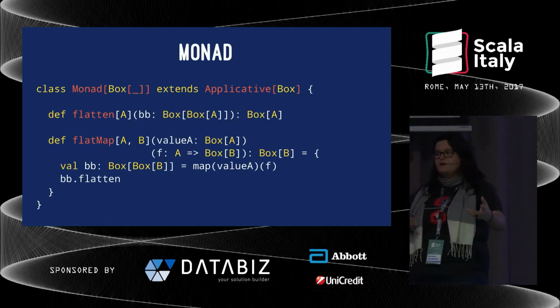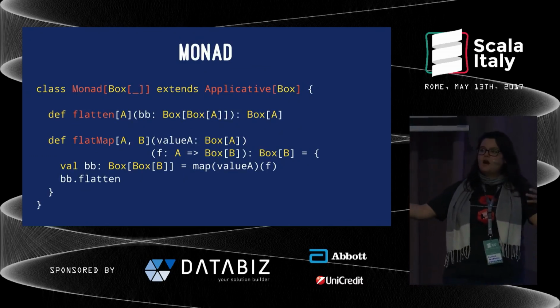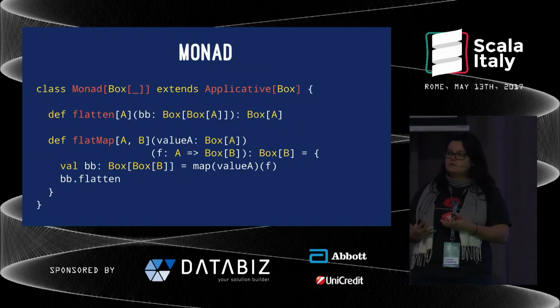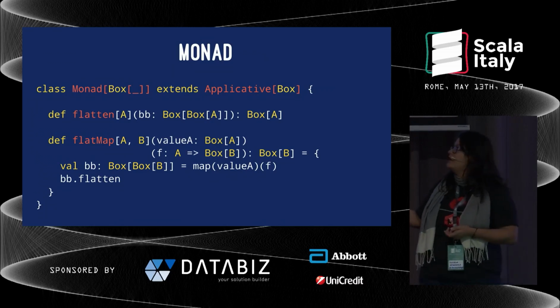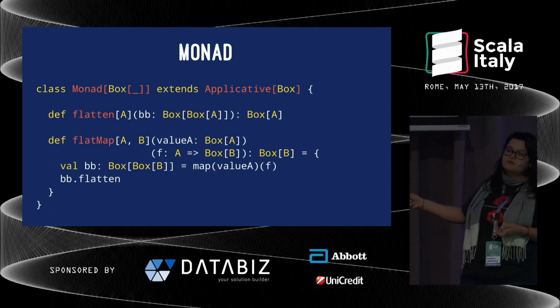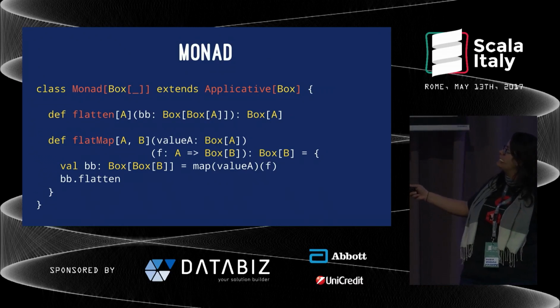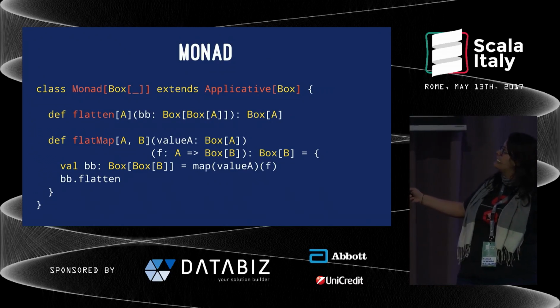Because map and then flatten are often used together, there is an alias that is called flatMap. Basically, what it does is that given a box of A and a function that returns a box of B, it will return a box of B.